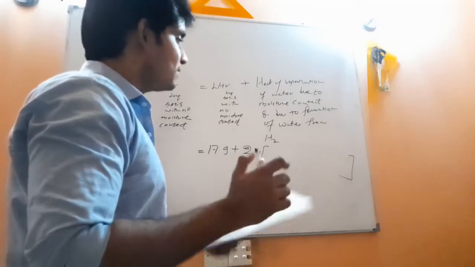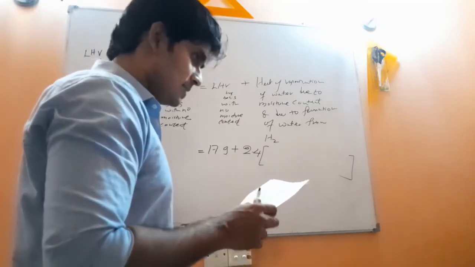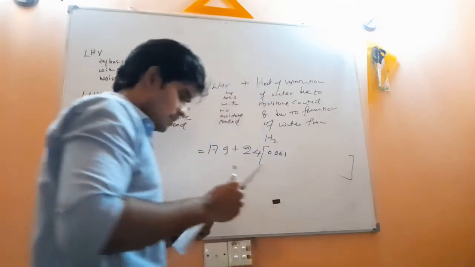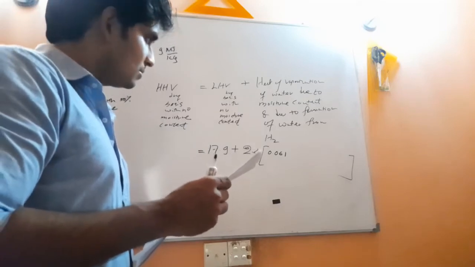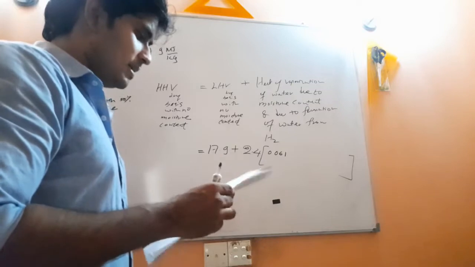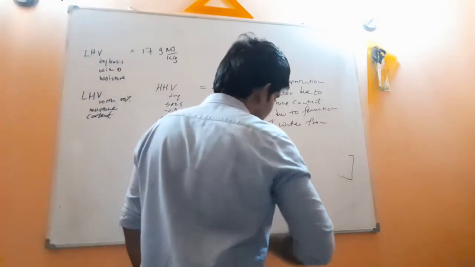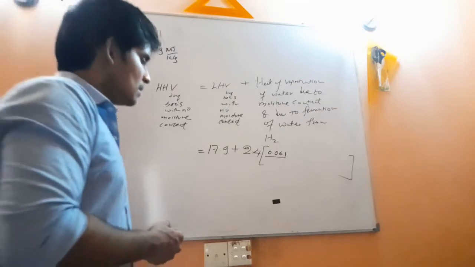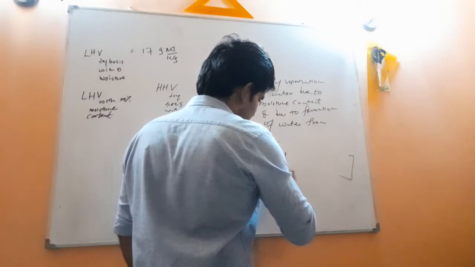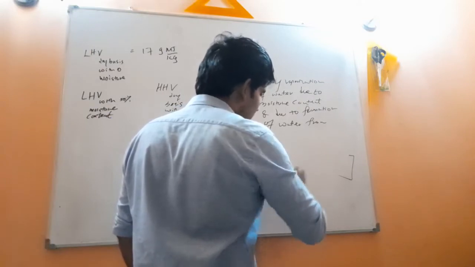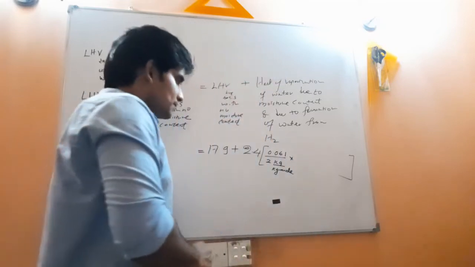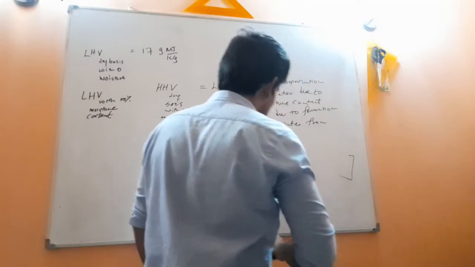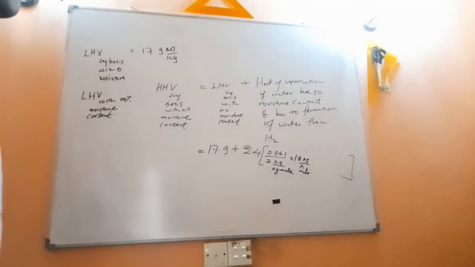What is the hydrogen content in the fuel? 6.1%, which means 0.061, because the hydrogen percentage is 6.1%, divided by the molecular weight of hydrogen, considering kilogram mole, 2 kilograms per kilomole, multiplied by the molecular weight of water, 18 kilograms per kilomole.